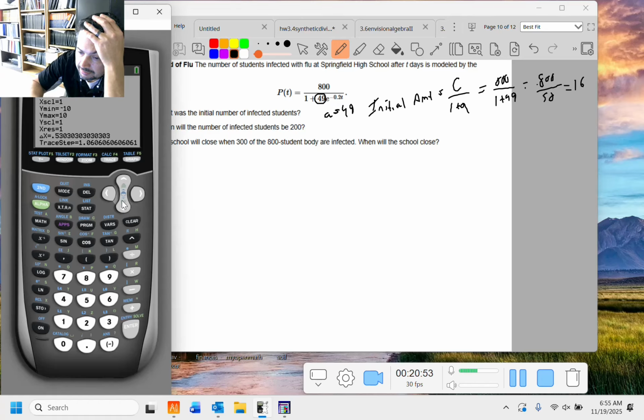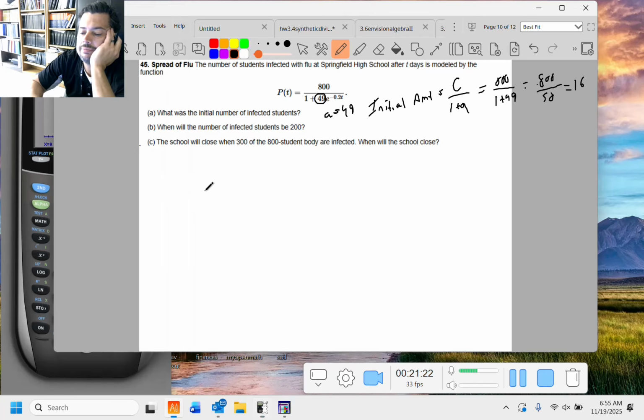I'm just going to leave x max as 10 for now. So y max to be 900. And I'm going to hit the graph button. And let's see if my initial amount was 16. Second trace value when x is 0, when time is 0, is winner, winner, chicken dinner, 16.